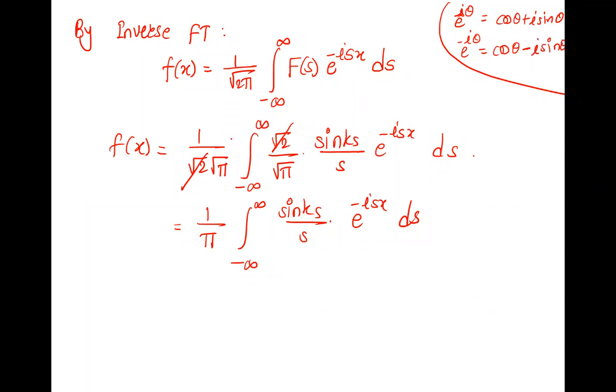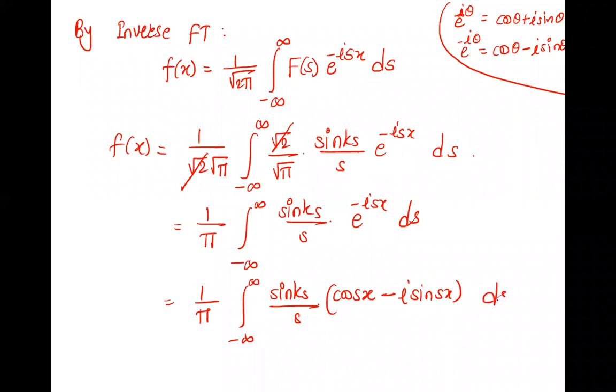Please remember. So what you can write for that? Everything else as it is, into e raised to minus I theta, which is cos theta minus I sin theta, where theta is sx, ds.